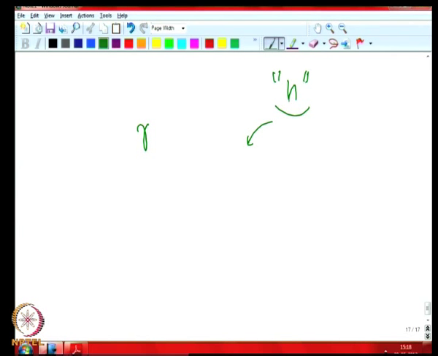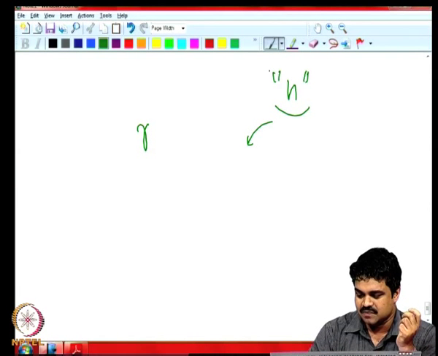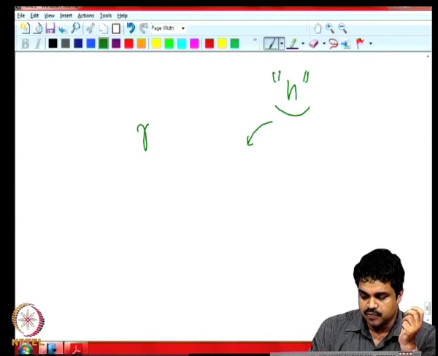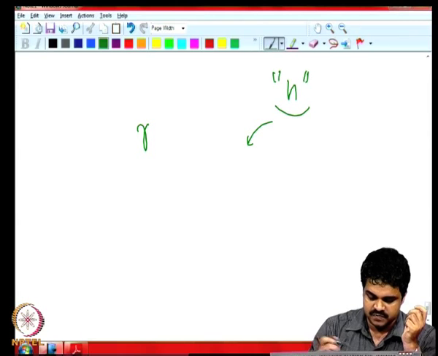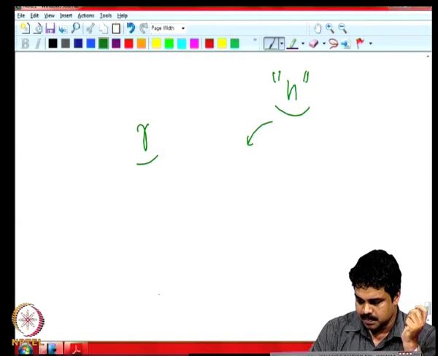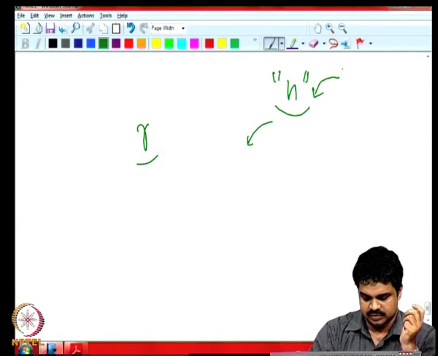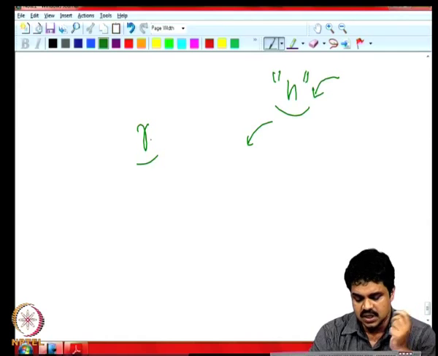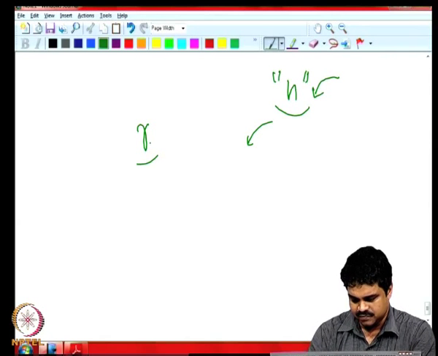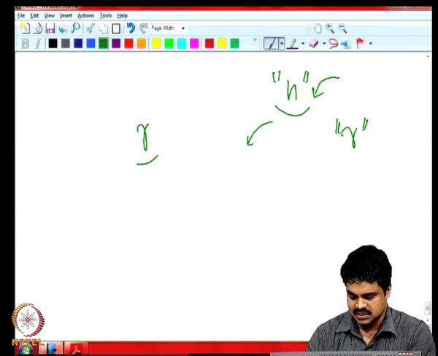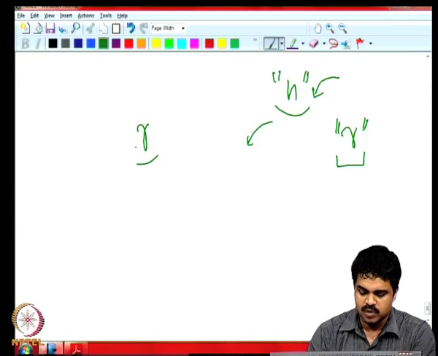That means these objects can repeat, because a particular type of object can repeat several times. We assume that it can repeat any number of times, so infinite number of times, but actually we do not need infinite. As long as each thing can repeat r times, that is enough for the formula we develop.